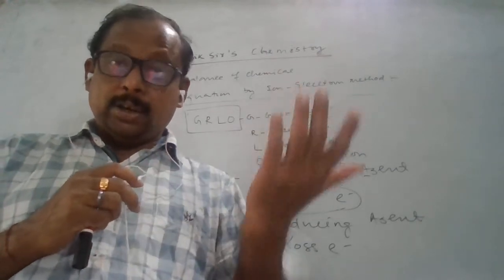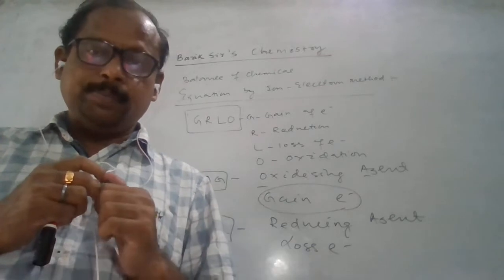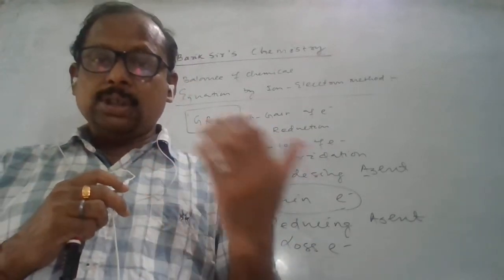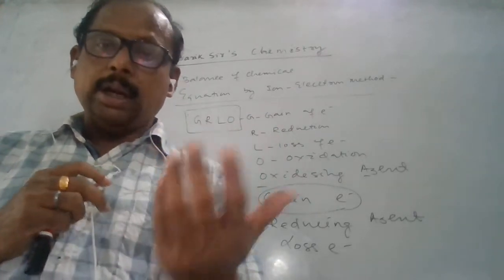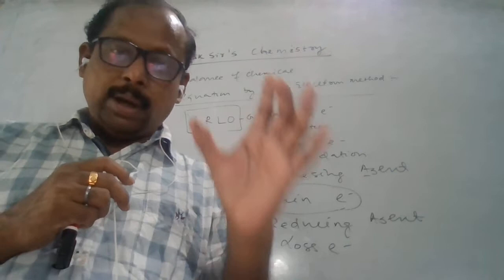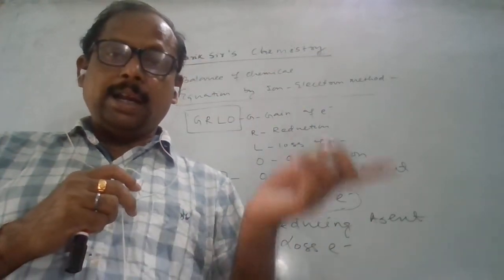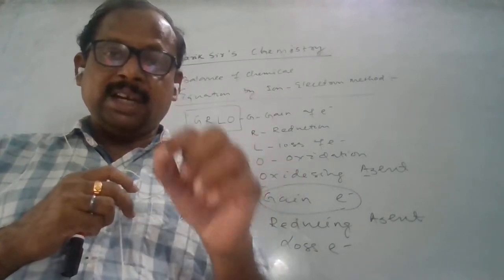One is the direct redox reaction, where the electron transfers in the same solution. Another is the indirect redox reaction, where the electron transfers through the electronic wire, through the conductor.